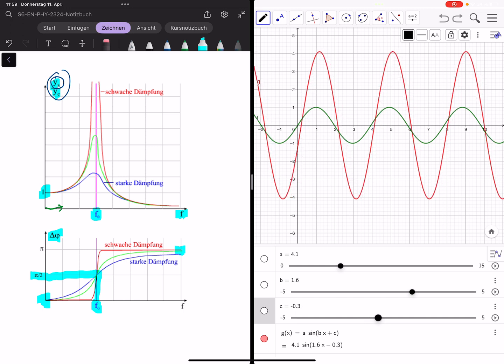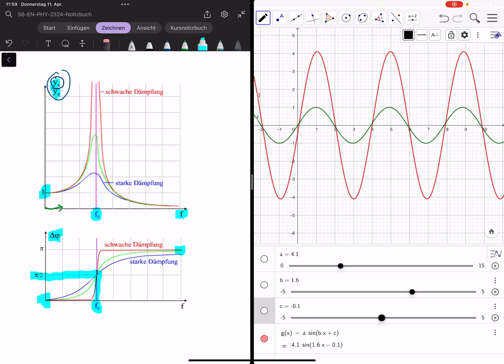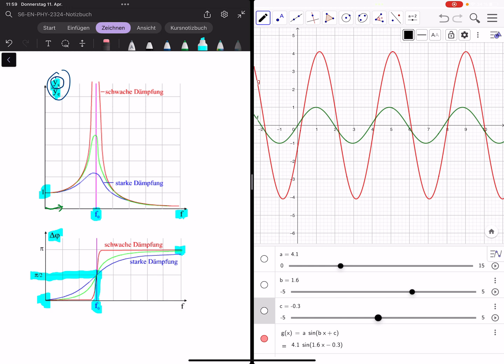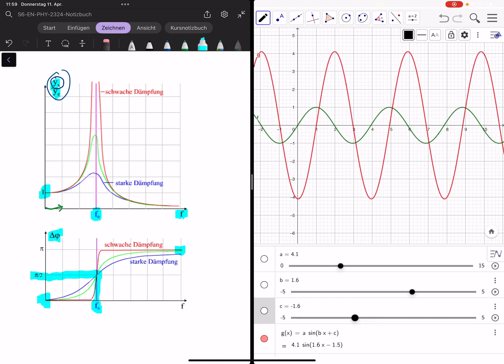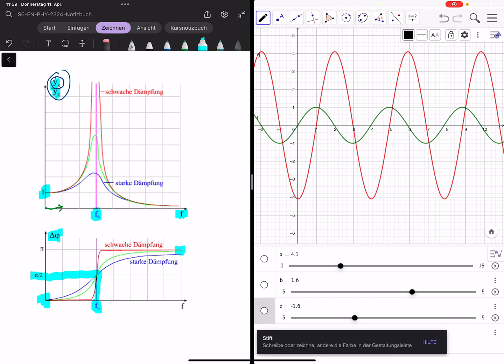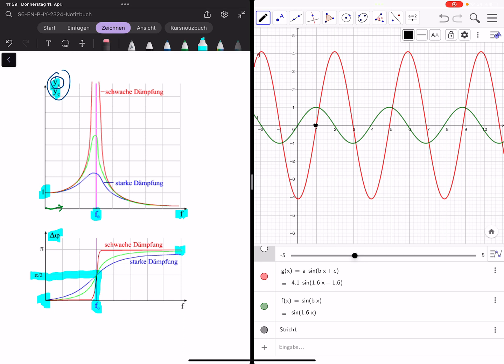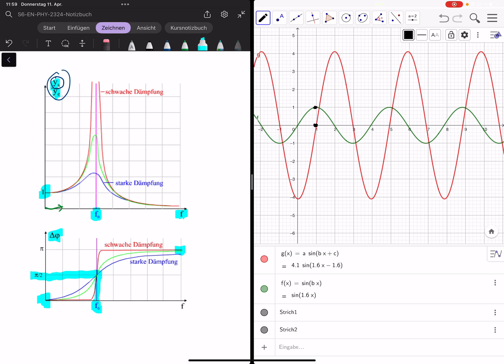Actually, it's here. So when the swing is at its equilibrium position, then our movement reaches the maximum. That's in the middle, at the rest position.